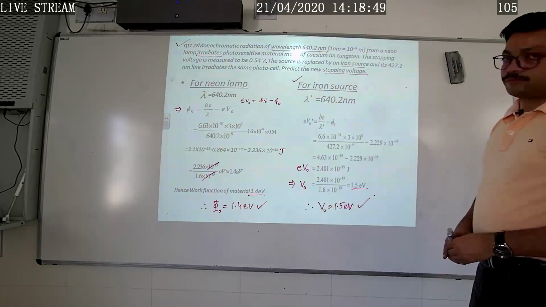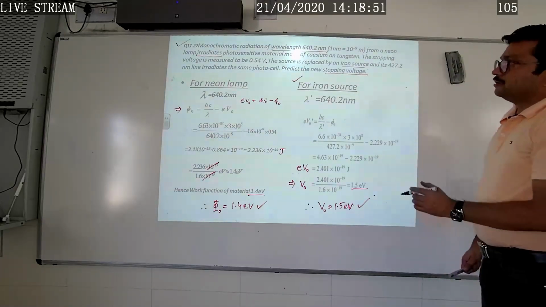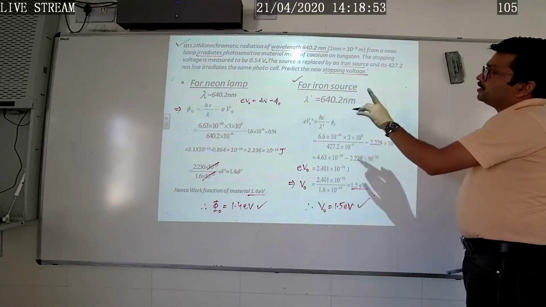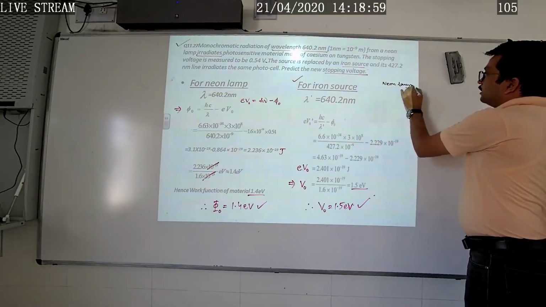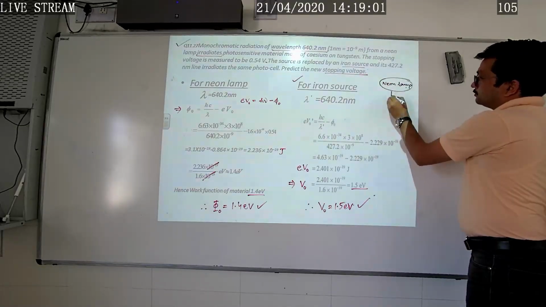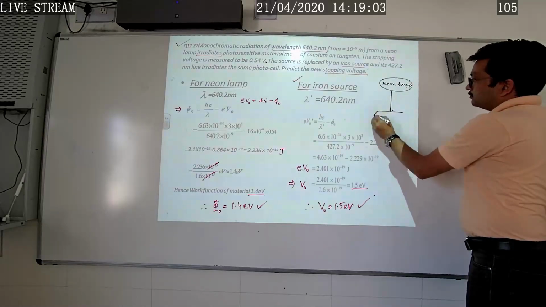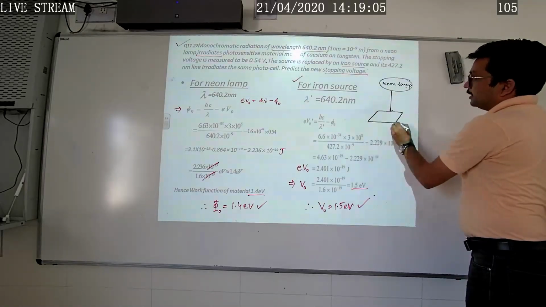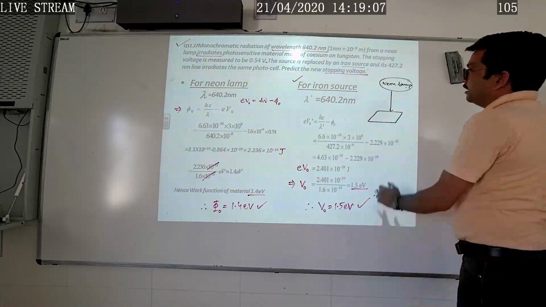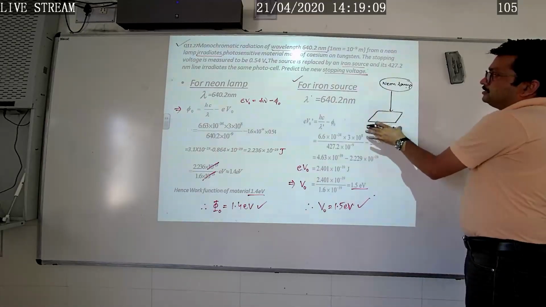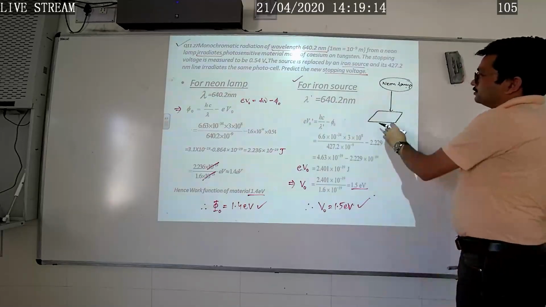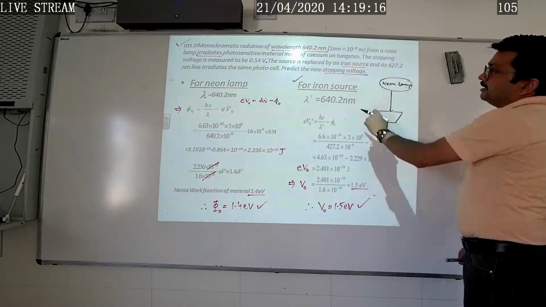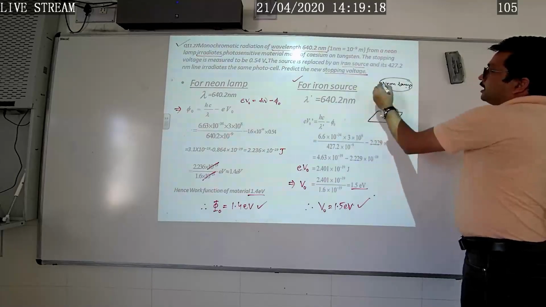Clear? Did you get the point or not? Once again, repeating. Monochromatic radiation of a given wavelength comes from the neon lamp, and this radiation falls on the photosensitive material made of cesium or tungsten. This material may be inside the photocell. That's why the second case says the source is replaced by the iron source.